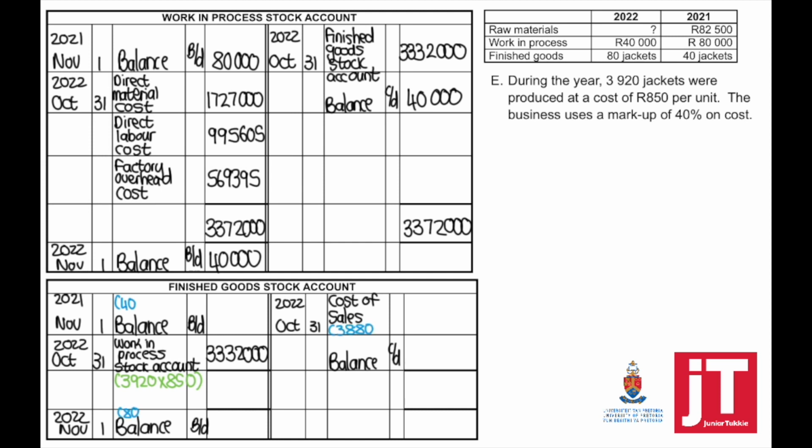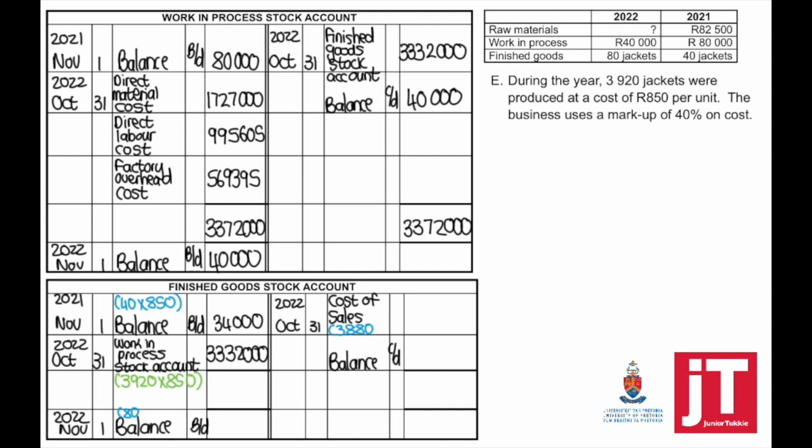They said in the beginning, we had a balance of 40 jackets. At the end, we had a balance of 80 jackets. This means 40 plus 3,920 minus 80, which was left over, the cost of sales, the number of jackets that we sold, was 3,818.